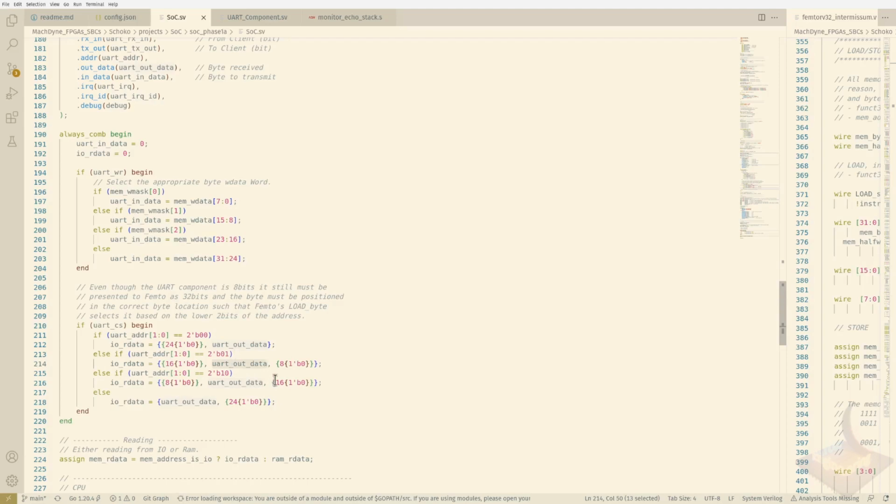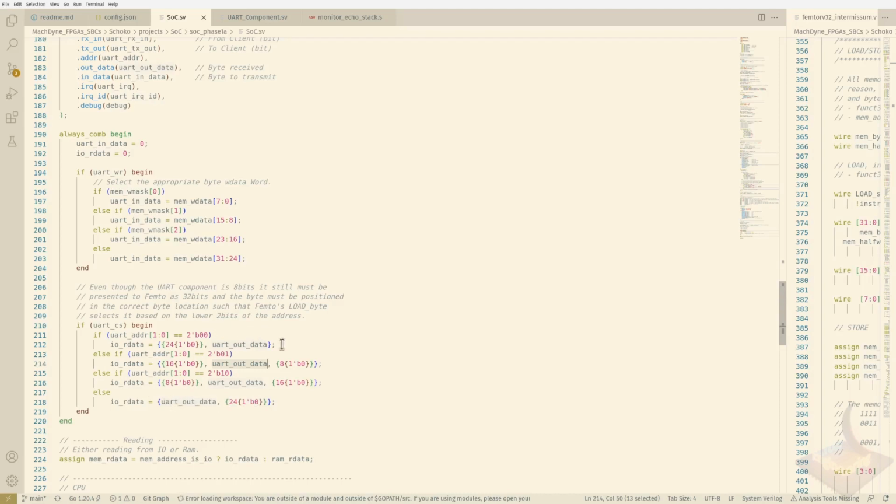So with that in mind, we can place our UART data in its appropriate position. It looks like it's lined up in the same place, but it's not. It's actually 8 bits over here and 16. Then we push it a little bit to the left by padding to 16 on this side and 8 on that side. And then finally, if we're looking at address 11, we push it all the way to the top.